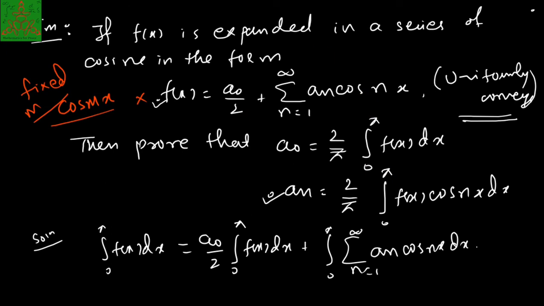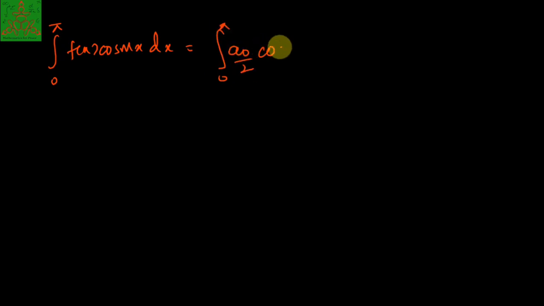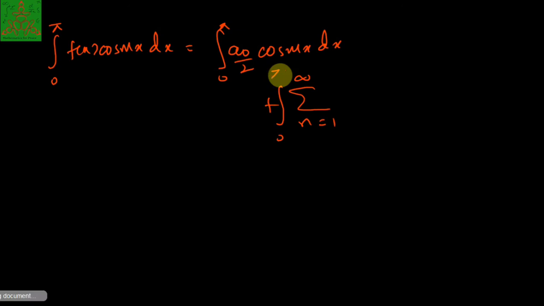Then let us see what we will get. It is integration from 0 to pi f(x) cos mx dx plus integration 0 to pi a0 by 2 cos mx dx plus summation n running from 1 to infinity integration 0 to pi an cos nx into cos mx dx.